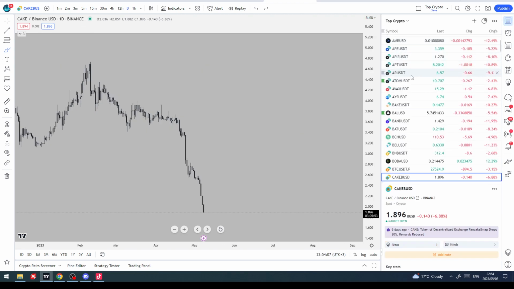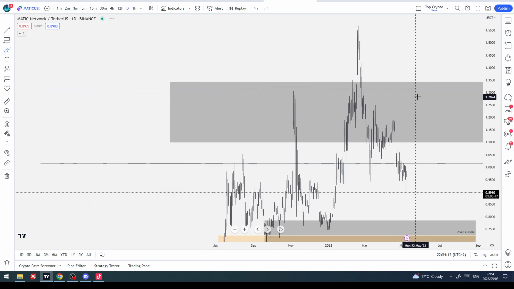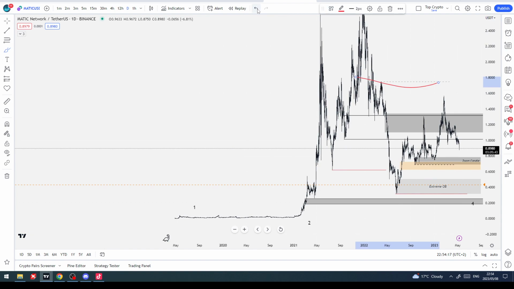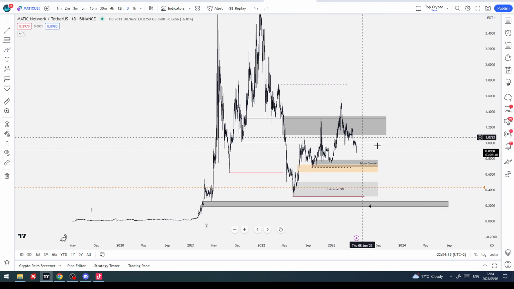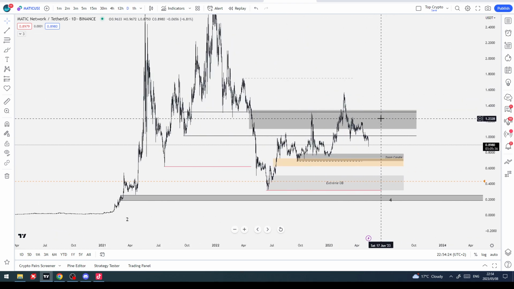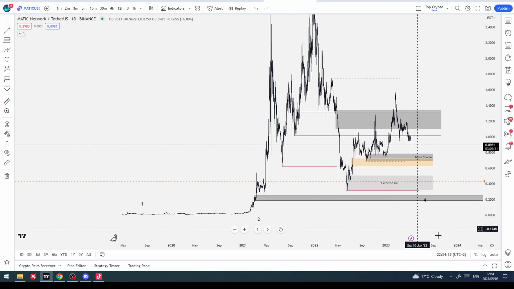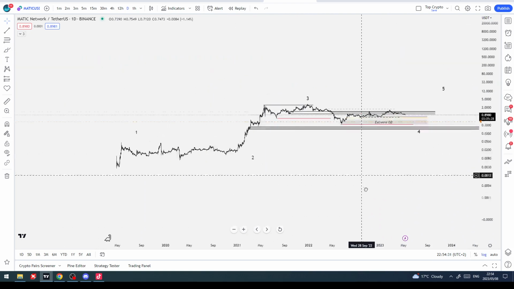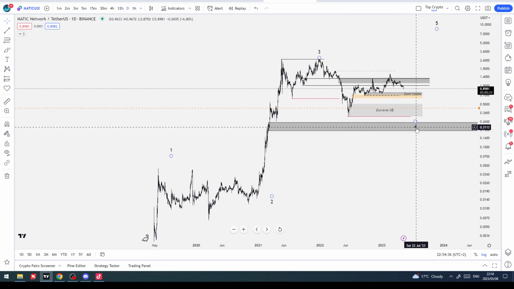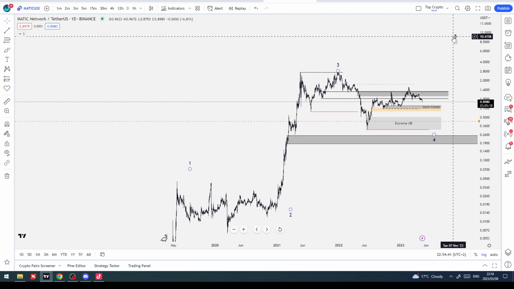Matic. It tapped the mean threshold of the weekly FVG, but I don't know where it's going. Yeah, who knows where it's going, right? Let's go back to log. Looks a bit better. Now with Matic, I actually wanted it to come down to 21 cents at some point before moving up to 10.